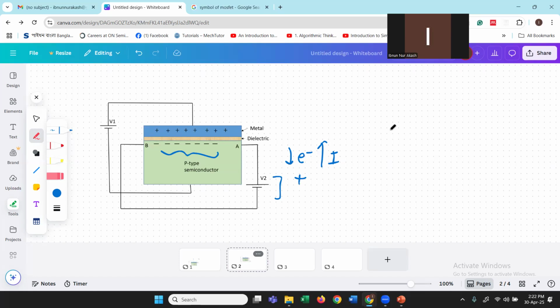And nowadays we don't use this type of structure because it is quite complicated. We have our modern day 3D structure. The main idea of that structure is we want all of the terminals pointed upwards. This is our metallic plate.